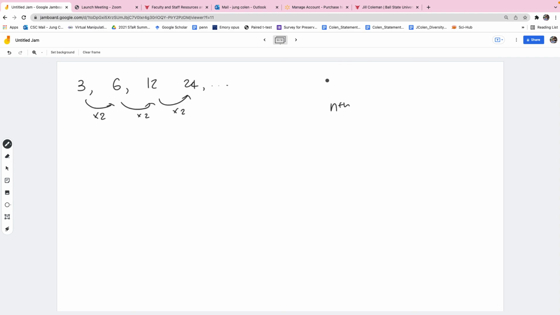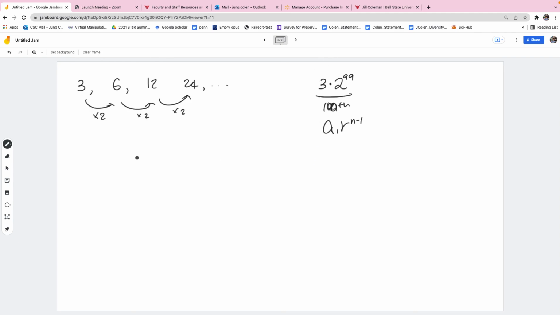The nth term is the first number, a sub 1, times r to the n minus 1, right? So for the 100th term, it will be the first number times r. The ratio is 2, to the 100 minus 1, which is 99. So that is my last number, right? So you can find that.